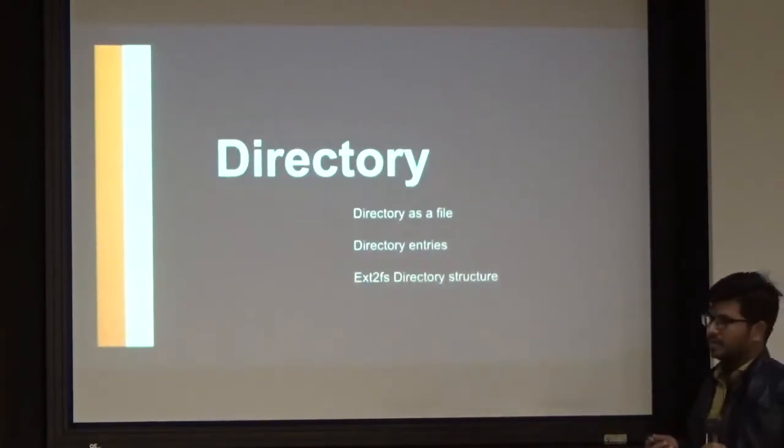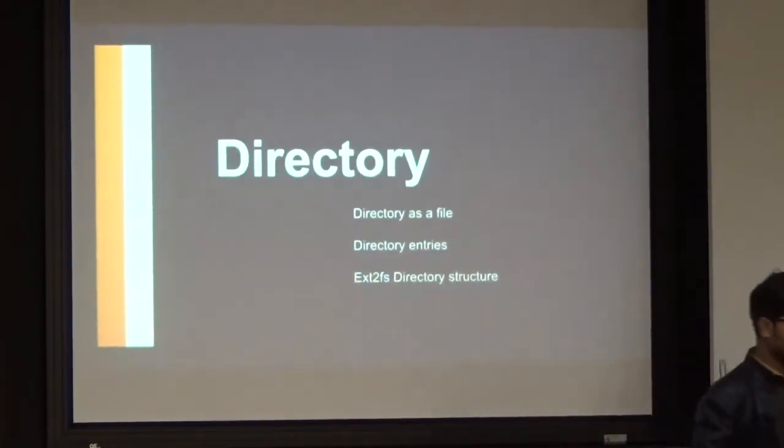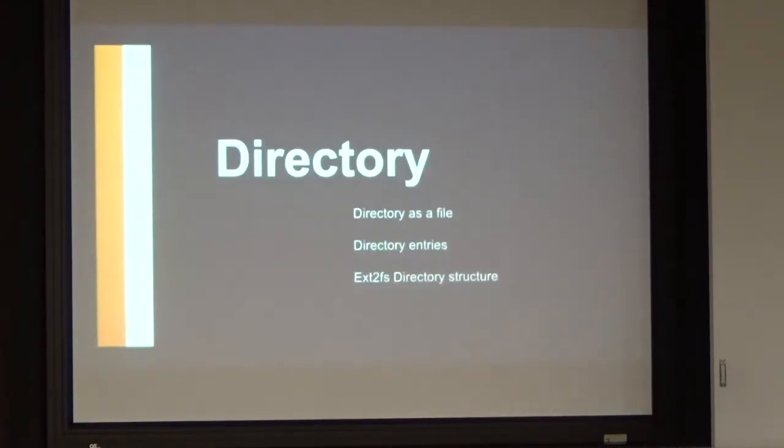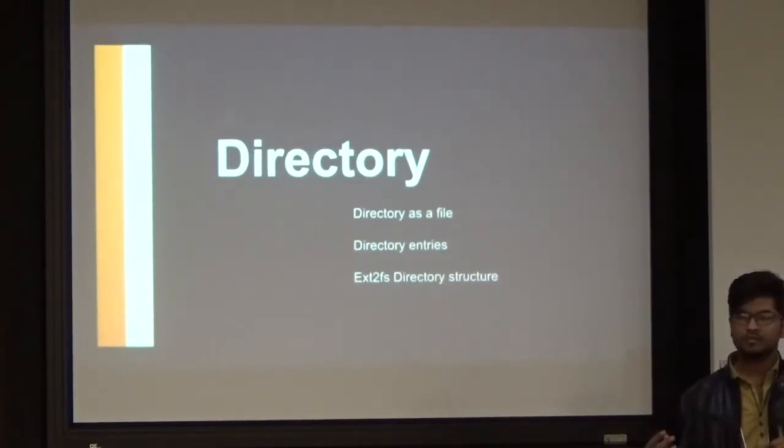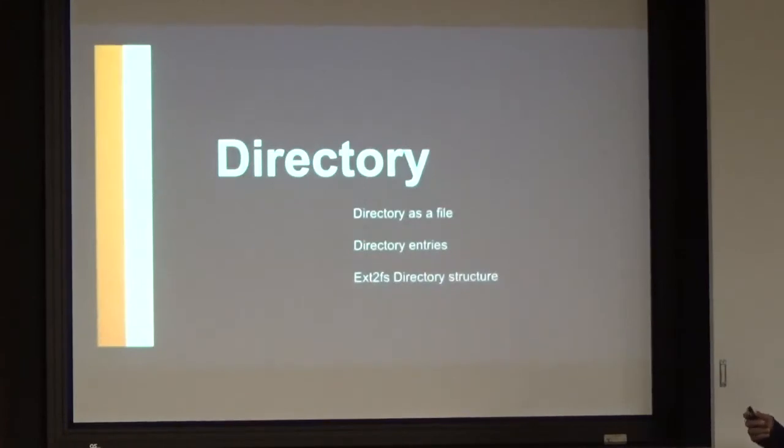The Ext3 directory is an efficient way of mapping the directory entries. In a directory we have a number of subdirectories or files, and all those files are stored as entries in the directory.